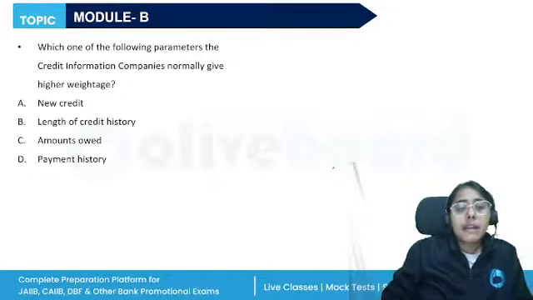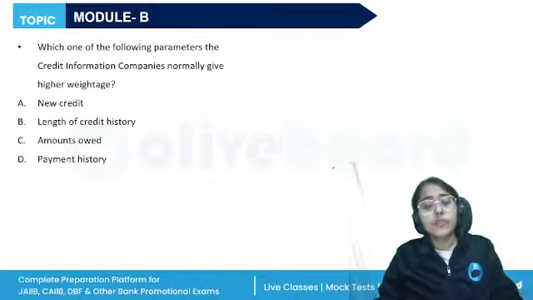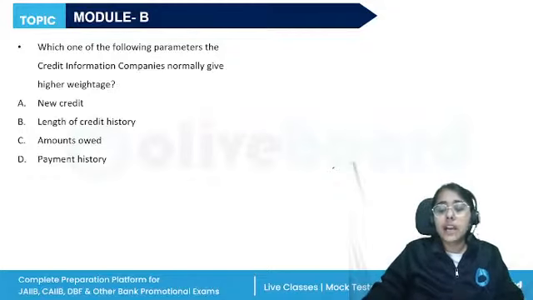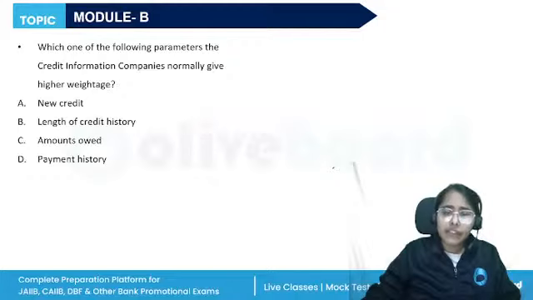All right. Which of the following parameters do the credit information companies normally give higher weightage? New credit, length of credit history, payment amounts owed, and payment history. So, when the credit information companies are calculating the credit score of the individual, they take into account information like the defaults on the previous credit transactions, and the payment behavior or the previous searches.